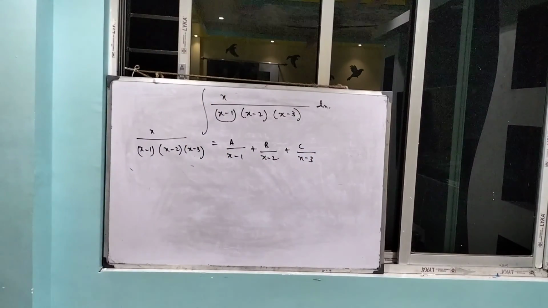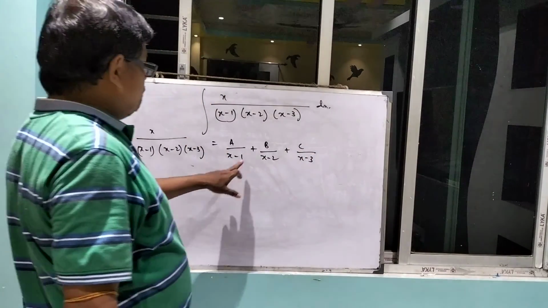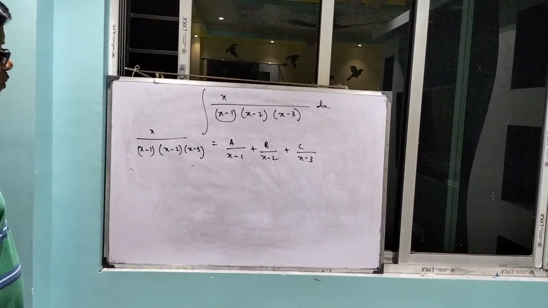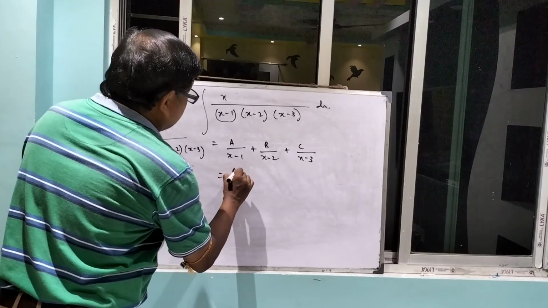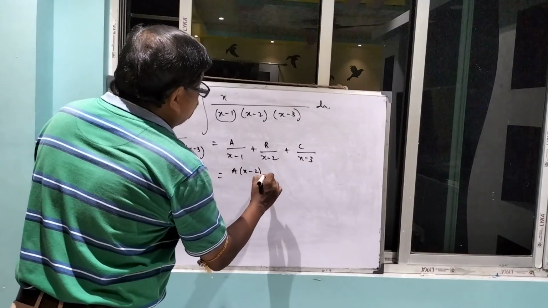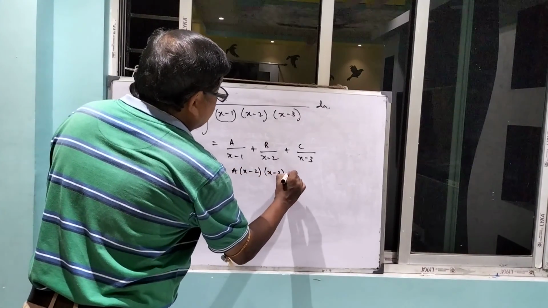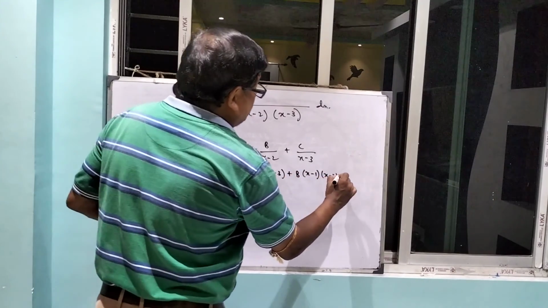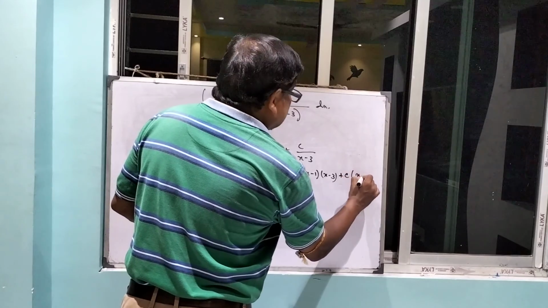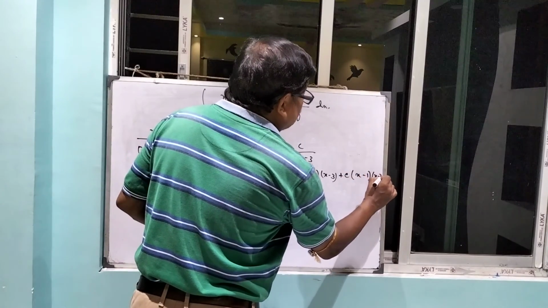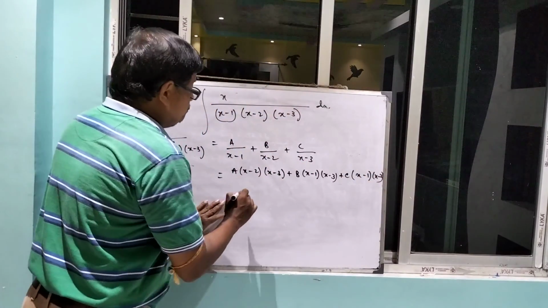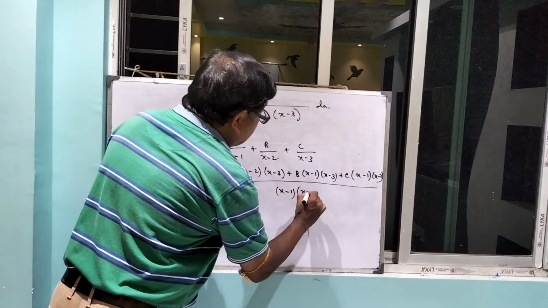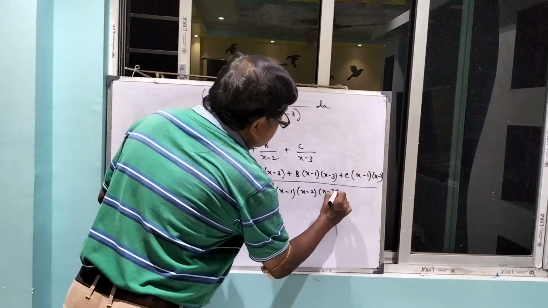Now write A into (x minus 2)(x minus 3) plus B into (x minus 1)(x minus 3) plus C into (x minus 1)(x minus 2), by (x minus 1)(x minus 2)(x minus 3).